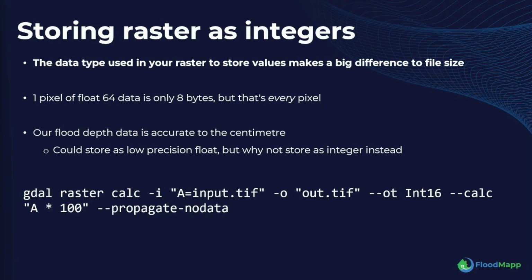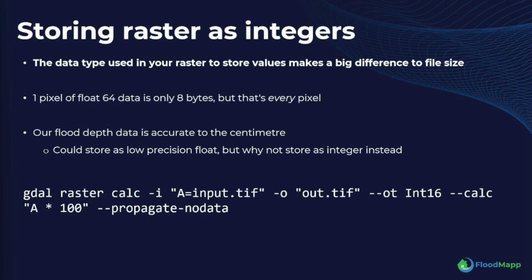So we can store that data as a 16-bit integer, or a 16-bit unsigned integer. That's fine. Depends on what you want to do. I can probably even store it as an 8-bit integer if I wanted to. What that means is that if I'm storing a 16-bit integer, that's 1/4 the memory that's required for storing that floating point raster. So I can quarter the size of my raster just by doing a bit of maths and just changing the output data type.